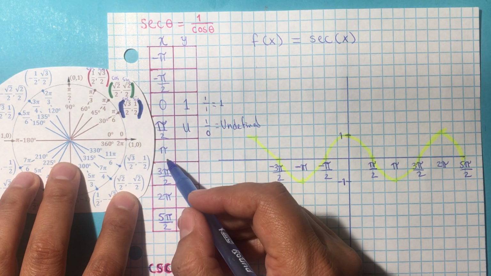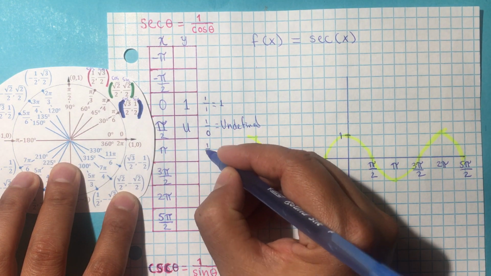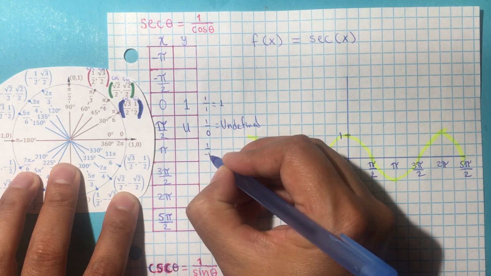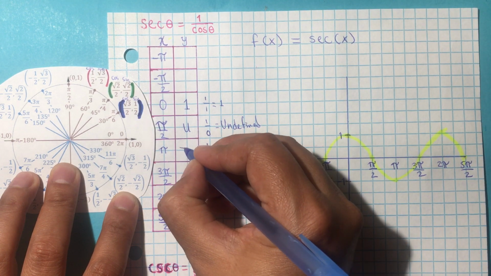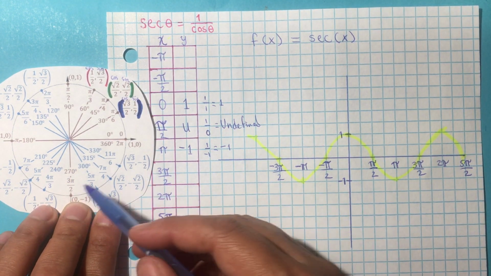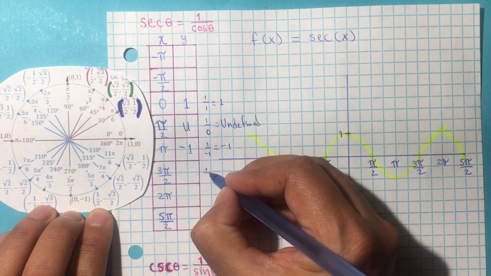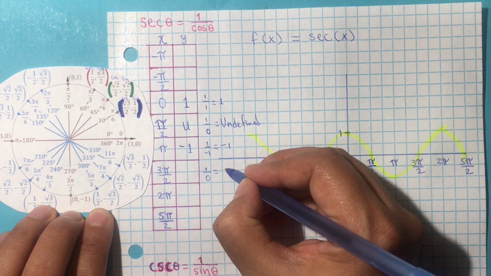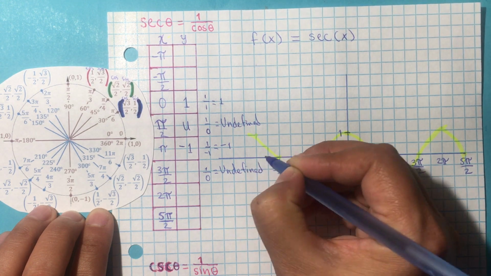For pi, it's right here, so it's 1 divided by cosine of pi, which is -1, and positive divided by negative is -1. So in here we're going to put -1. 3 pi over 2 is down here, and so it's 1 divided by 0, and again, we cannot divide by 0, so it's undefined.